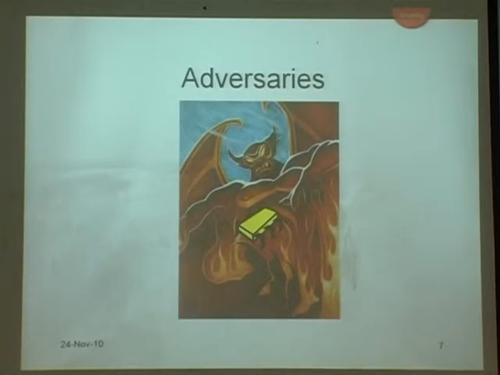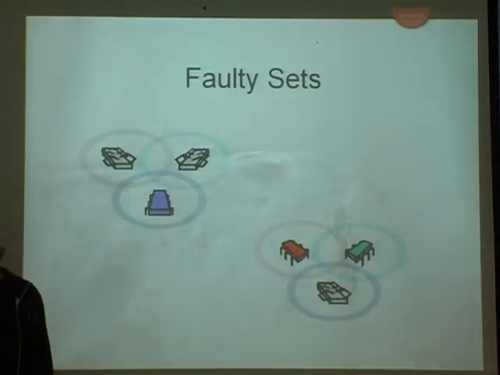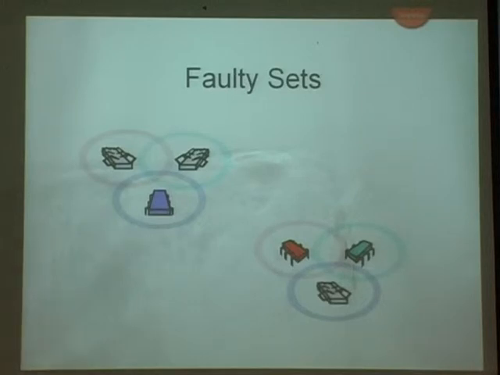Typically, adversaries are restricted by certain rules, but subject to those rules, they can do the worst thing for your algorithm. This is the approach that we want to take in general. The easiest way to specify an adversary is what we call faulty sets.